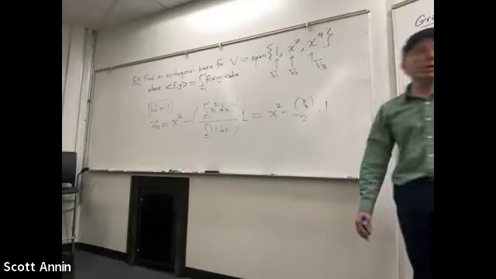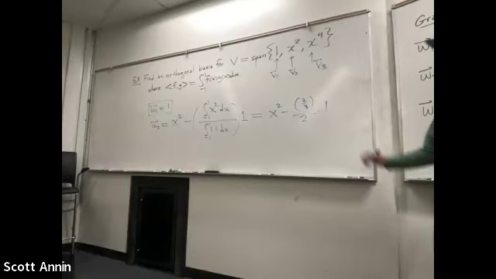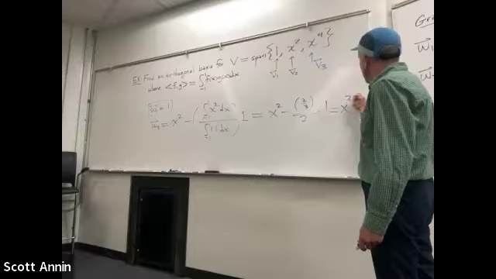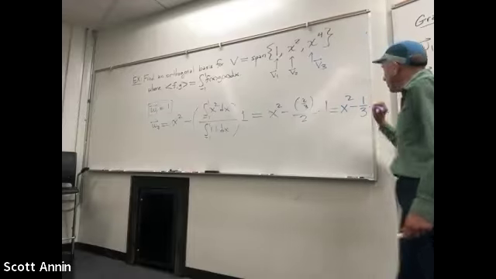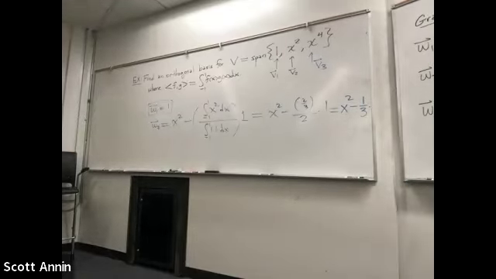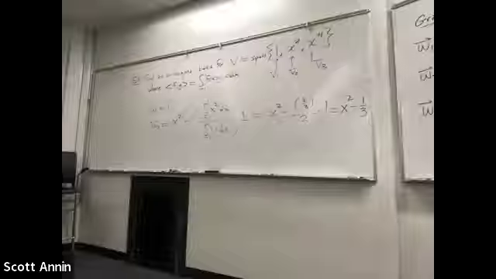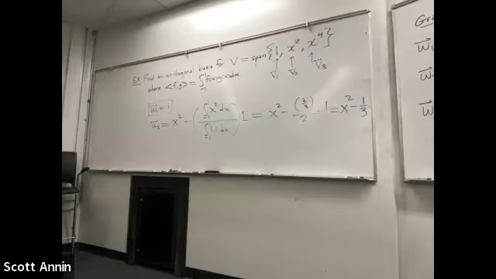And then all of that is still times 1. And so the answer here is just x squared minus 1/3. That's your second vector, x squared minus 1/3. Okay, great. I'll come over here to do the W3. So this time we actually have 3 vectors to do.